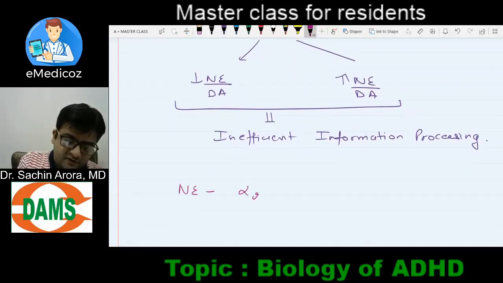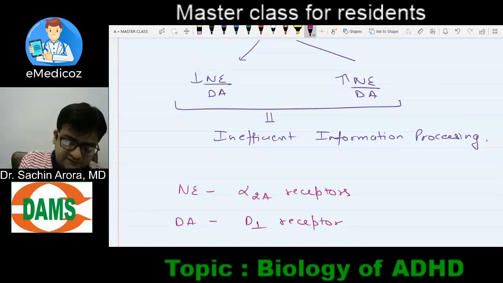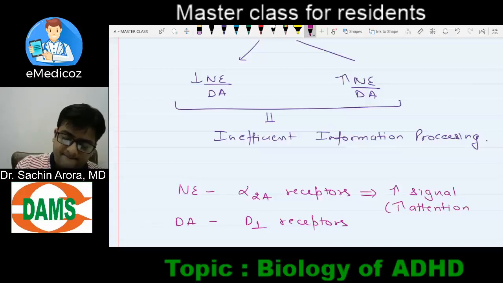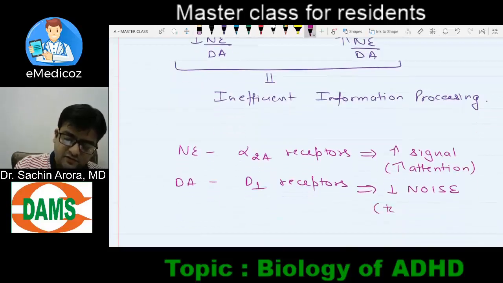Norepinephrine binding to alpha 2A receptors and dopamine binding to D1 receptors: this enhances signal and increases attention, and this decreases noise to avoid distraction.